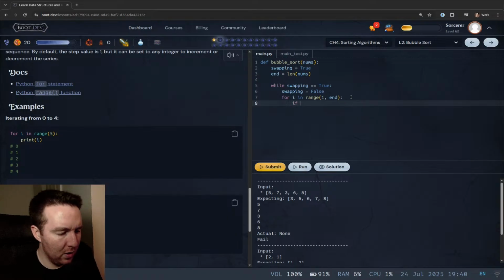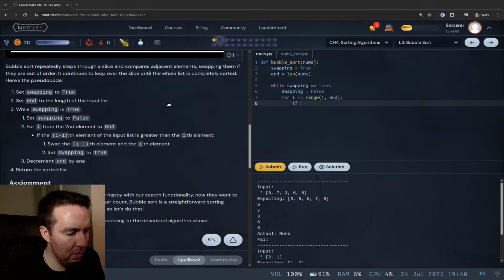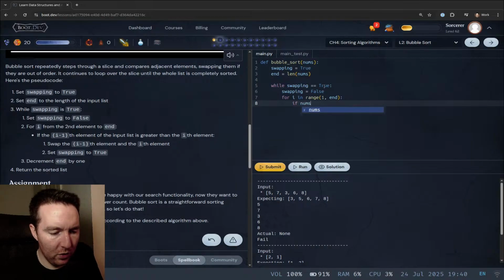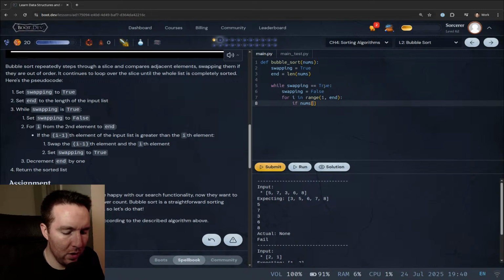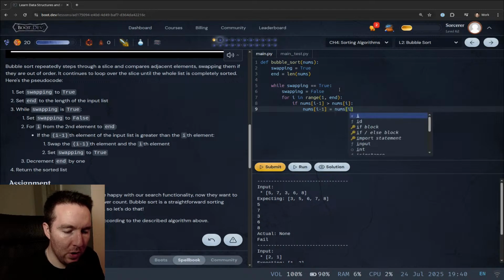if nums i minus 1 is greater than nums i, then swap the ith element with... okay, so nums i minus 1 equals nums i.